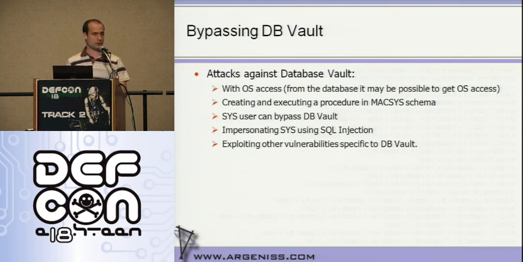Well, now let's see what are the attacks that we can do to compromise the Database Vault. First, there are the operating system attacks, the attacks that will look for operating system access, being a user connected to the database. So we're going to see some examples of this. Also, we are going to see that it is possible with a couple of system privileges to create and execute a procedure in the Maxis schema and impersonate the Maxis user.